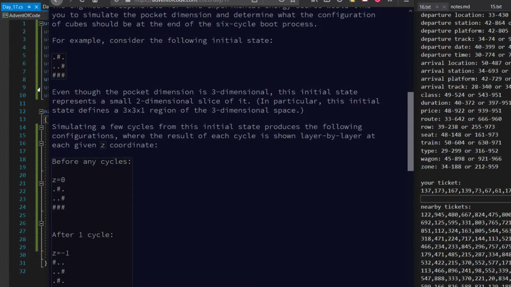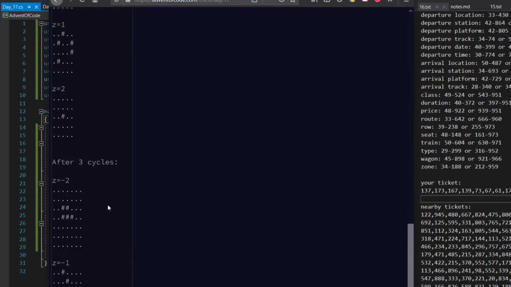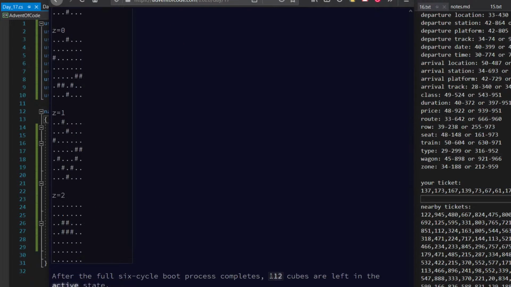Okay, so every cube in all directions went away. I guess if you weren't considering Manhattan distance, if we were just considering regular distance. All right, I think I get this.